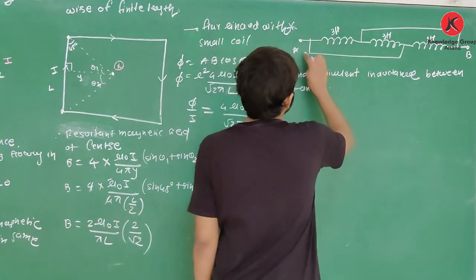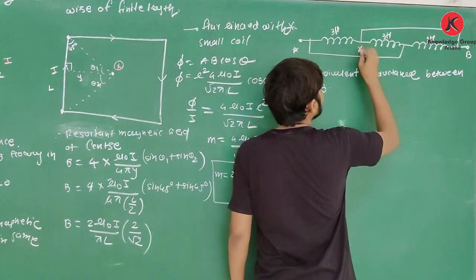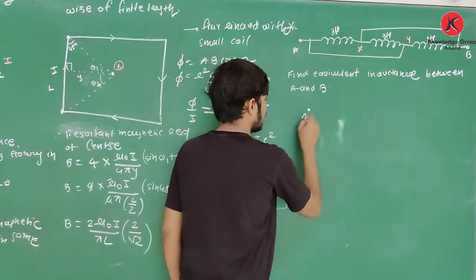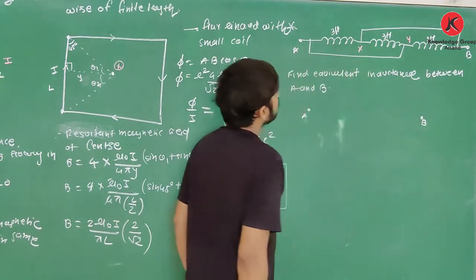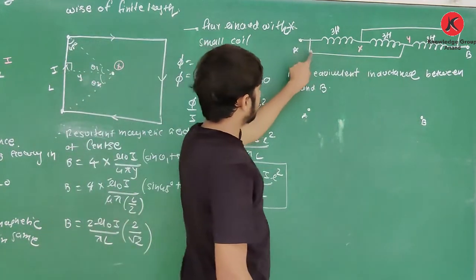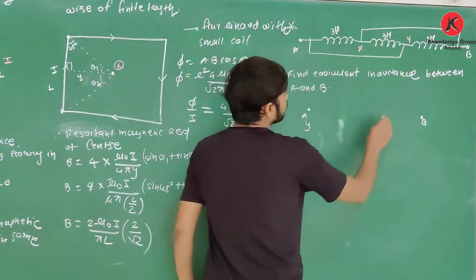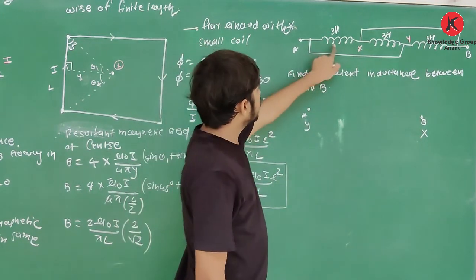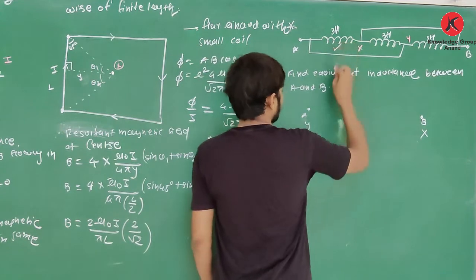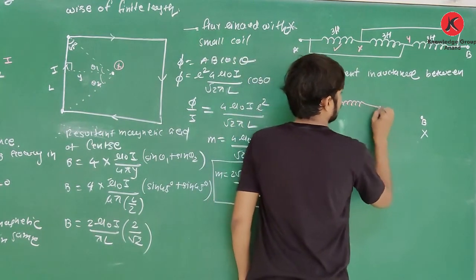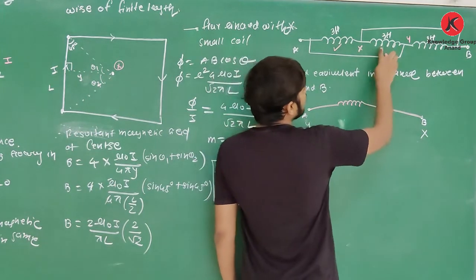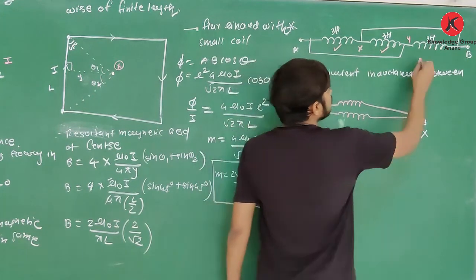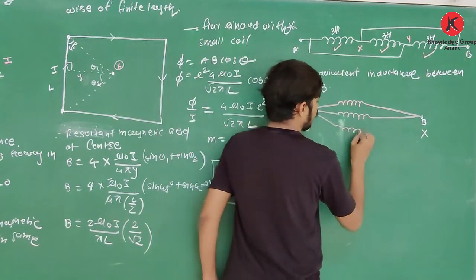See, first of all, I am assuming this point is X and this point is Y, as we have to find the equivalent inductance between A and B. A's common point is Y, B's common point is X. Now see, this first inductor is between A and X. This second inductor is between X and Y. And this third inductor is between Y and B.